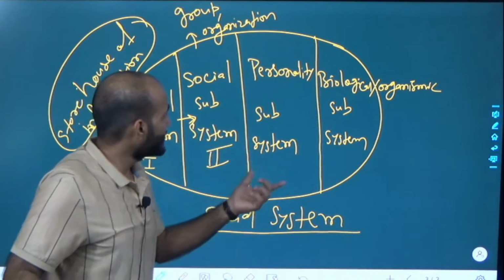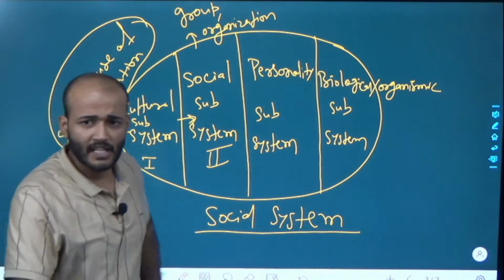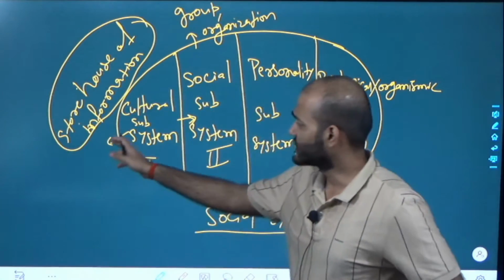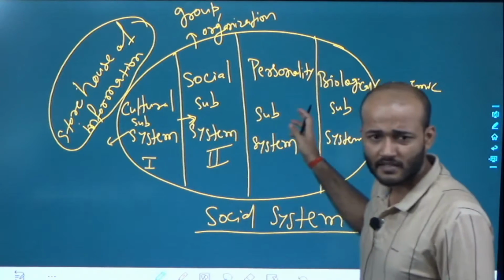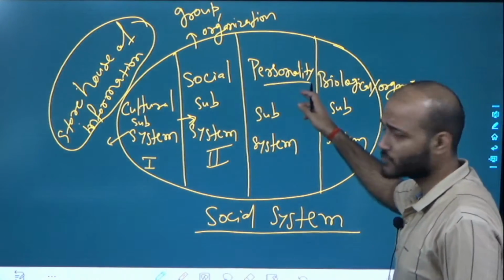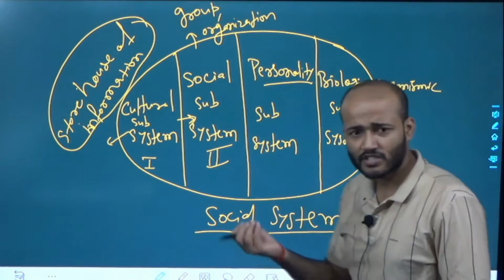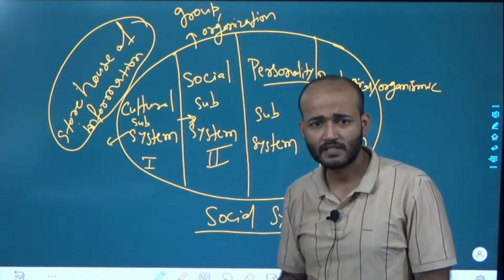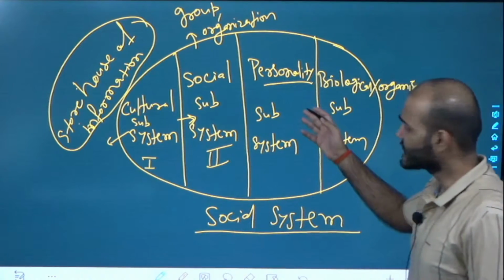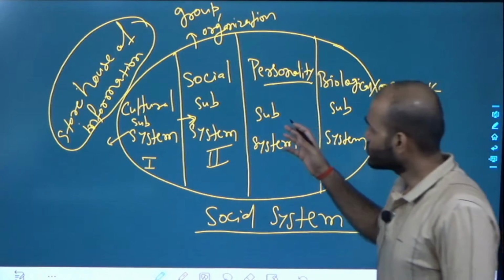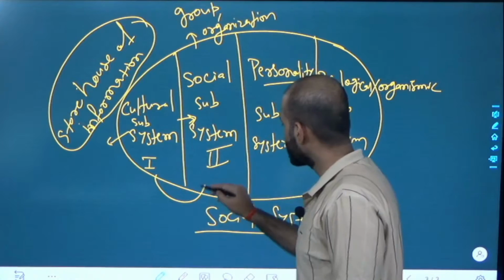But what is meant by the personality system? Think about it: who made the culture? Members of society. Who made such groups, organizations or sub-social systems? These are people, members of society. So the functioning of these things depends on them.